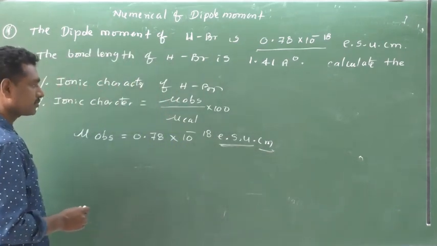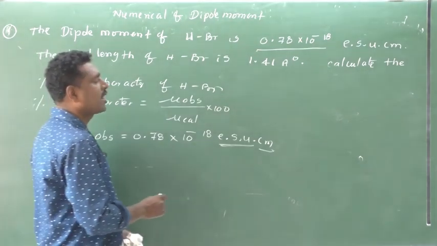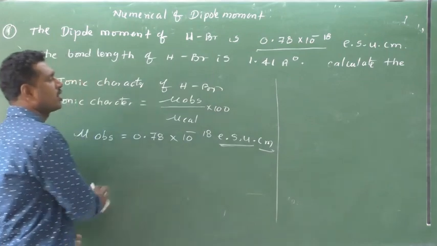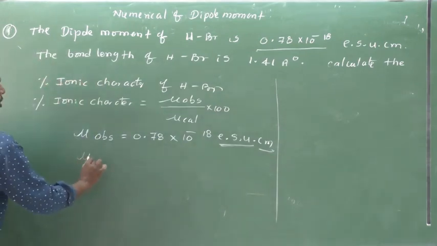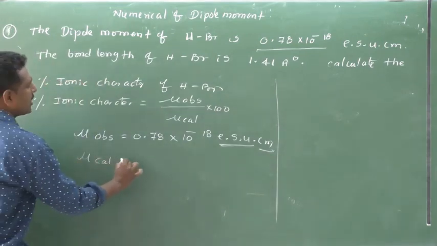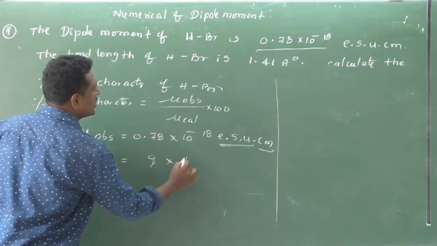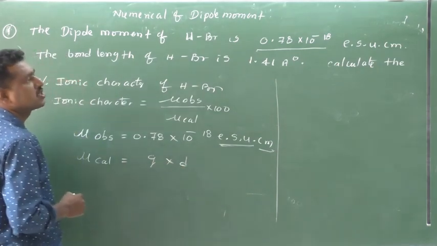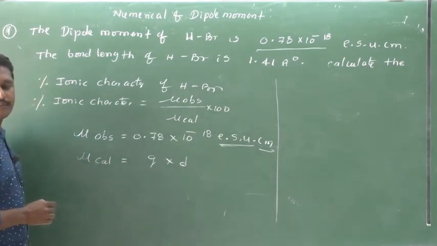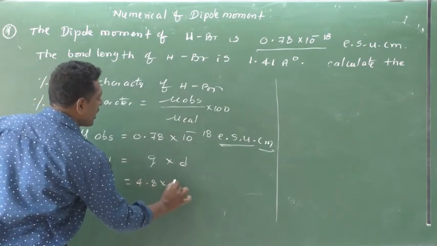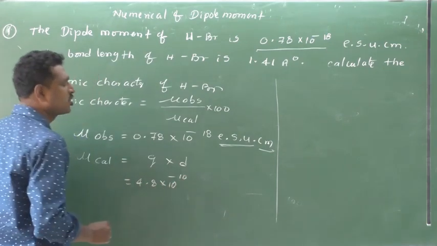Therefore, now we will calculate mu calculated. Calculated dipole moment equals charge into distance. Charge is not given, but the electron charge is 4.8 into 10 power minus 10 ESU.